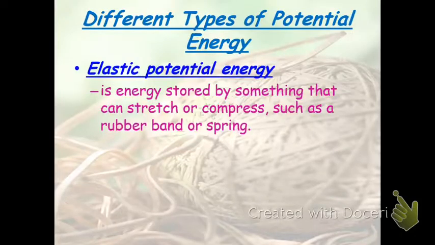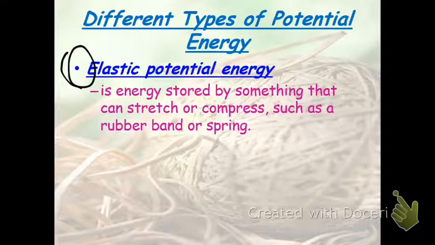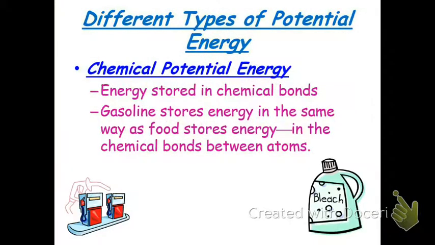So there are lots of different types of potential energy. One type is called elastic potential energy. Elastic potential energy comes from things that are stretched or compressed, such as rubber bands, springs, things like that. Then you have chemical potential energy, which comes from chemical bonds.